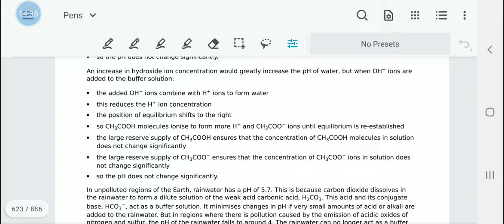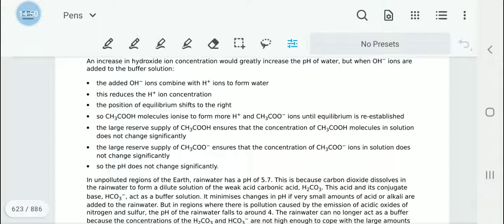The large supply of ethanoic acid and ethanoate ions ensures their concentrations remain the same. As a result, pH does not change.